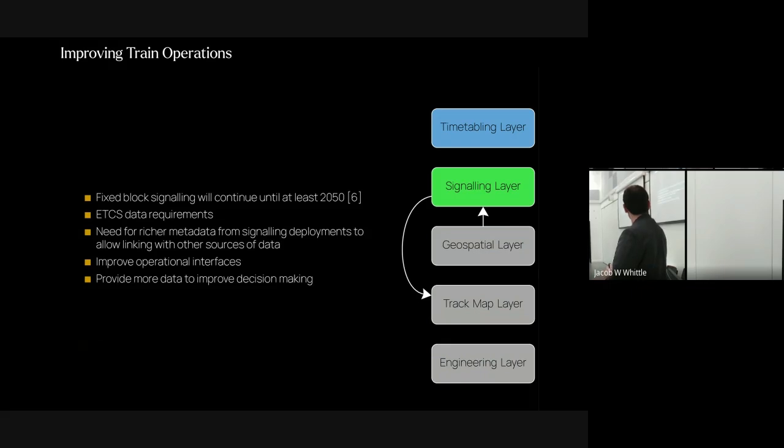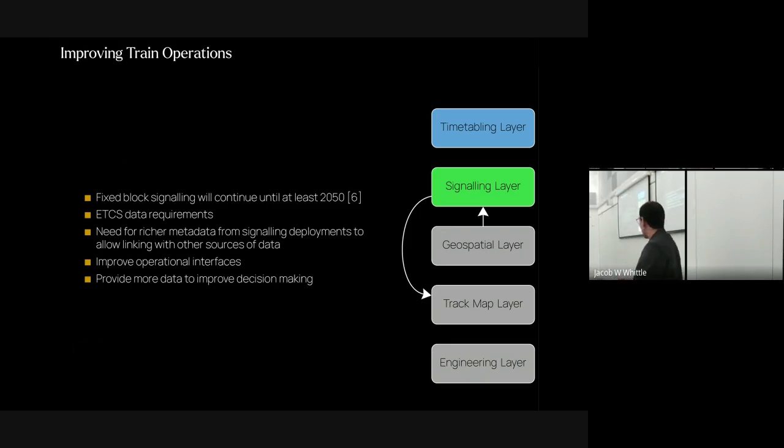So how can we improve train operations? On the right, highlighted are the layers in which this has traditionally taken place. We're going to have fixed block signaling in this country for quite a long time, likely until at least 2050. When I was talking to Sam and the electrification people, they said they want to electrify everything. Likewise, we'd love to have ETCS level 3 everywhere, but I don't think it's happening anytime soon.